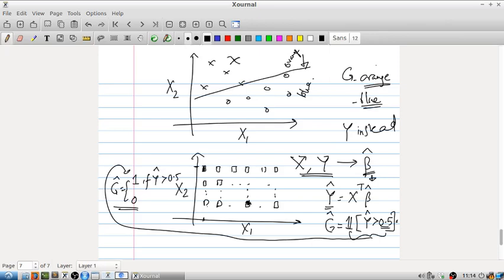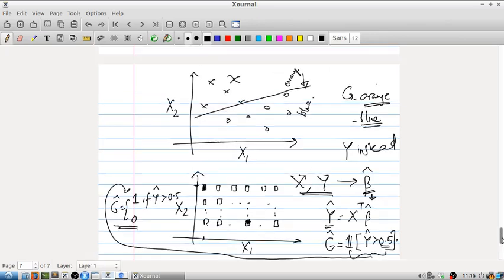Since my data is two-dimensional, I could plot it on the plane, and since I have this color, which is the output variable, I just put x's for orange and zeros for blue. In the notes you probably have all zeros, but they have colors, so I couldn't write colors here. So that's the first plot. That's my data. From the data, I just use the previous formula to get this beta hat.